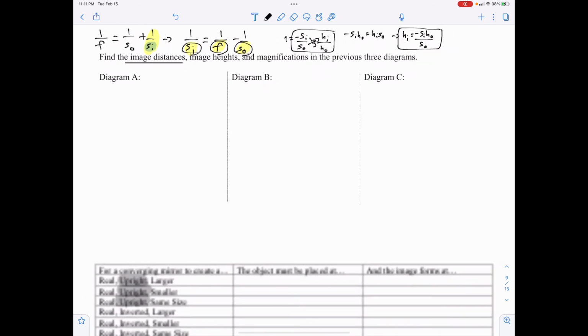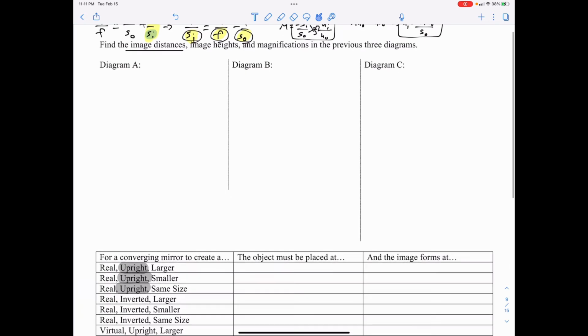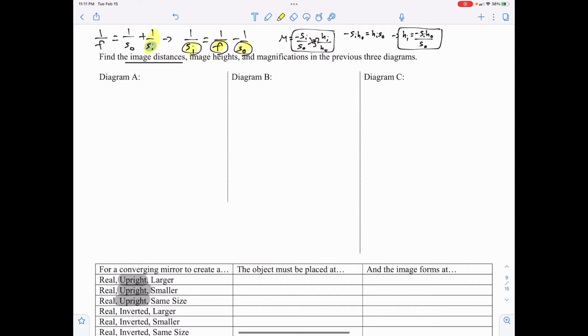So let's give this a try. First of all, let's go back to diagram A and get the focal length and object distance. We need the focal length here, and we need the object distance here.